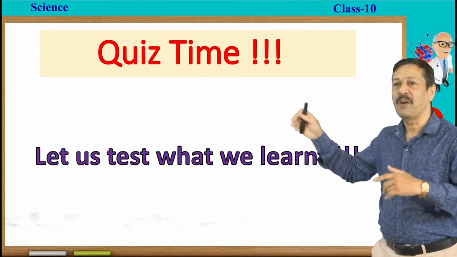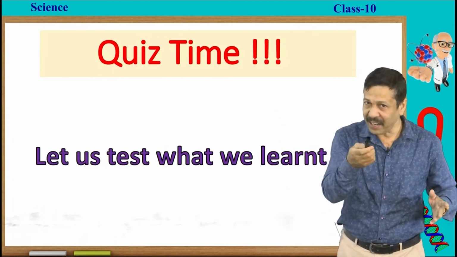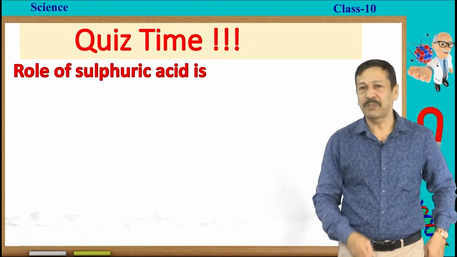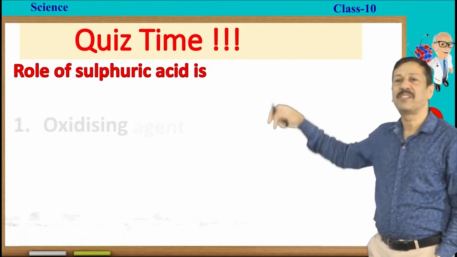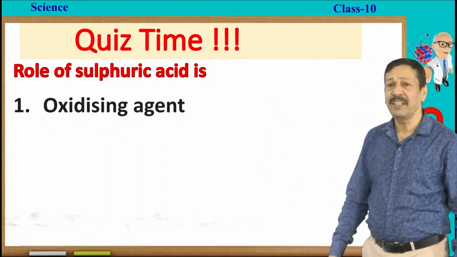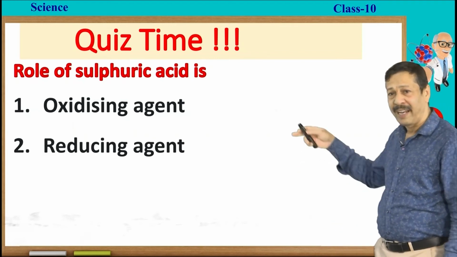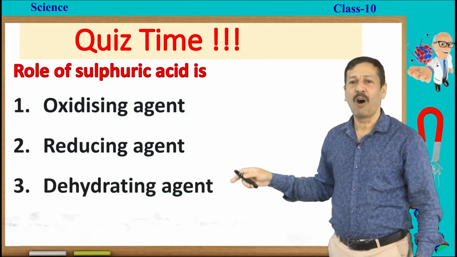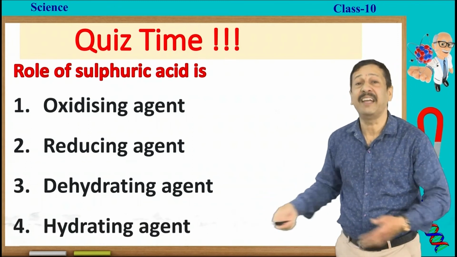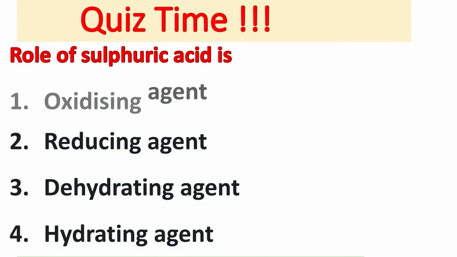Let us test what we learned. Are you ready? Yes. Here is the first question. What is the role of sulfuric acid? It acts as an oxidizing agent, or a reducing agent, or a dehydrating agent, or a hydrating agent. What is your answer?